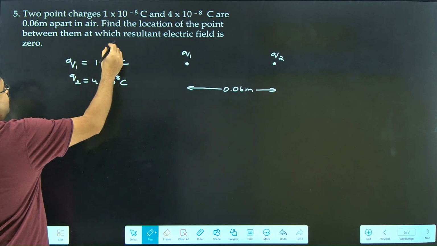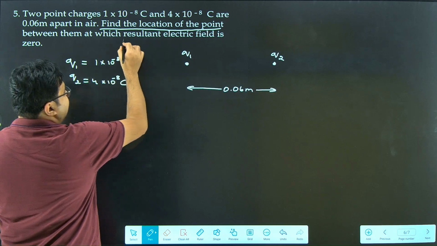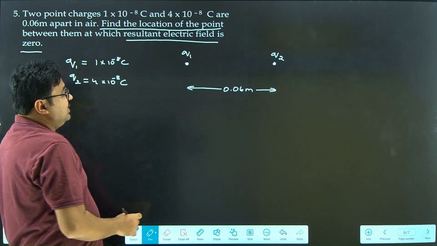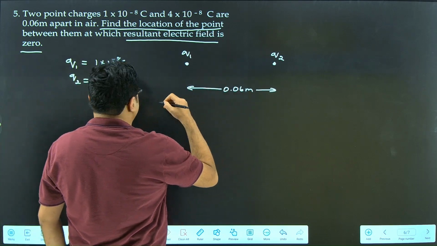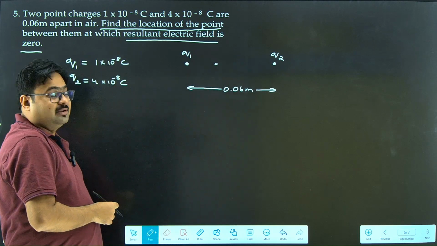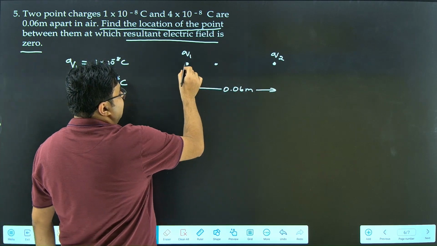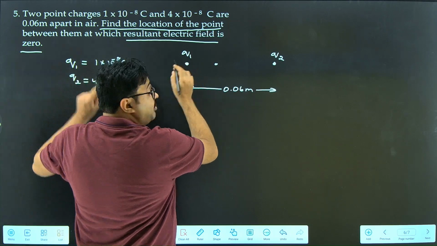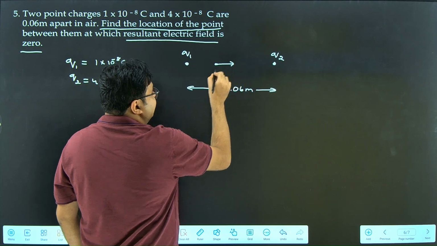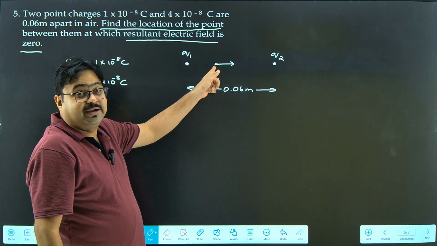We need to find the location of the point at which the resultant electric field is zero. So we need to figure out where the electric field due to these two charges is going to be zero. So let's say that at some point here, the electric field is going to be zero. Why? Because there is going to be an electric field due to Q1. Q1 is a positive charge, because of which the electric field is going to be directed away from that point charge when it produces electric field at that point.